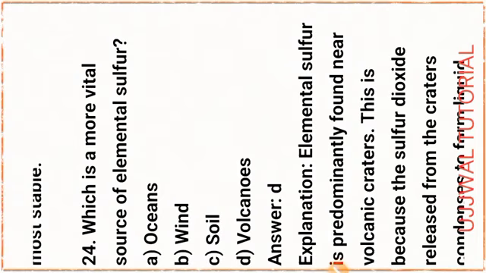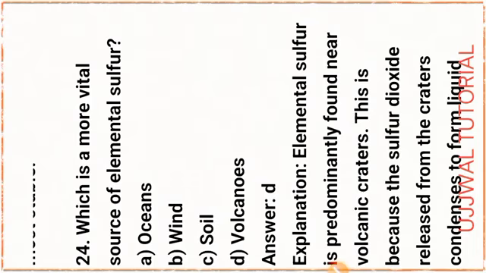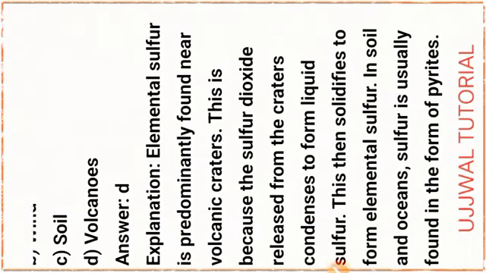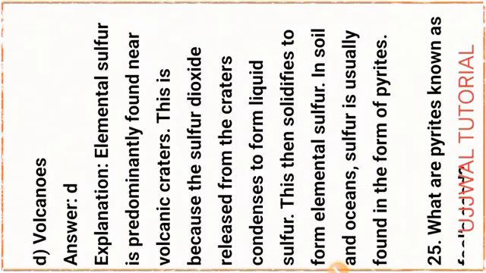Elemental sulfur is predominantly found near volcanic craters, because the sulfur dioxide released from the crater condenses to form liquid sulfur, which then solidifies to elemental sulfur.